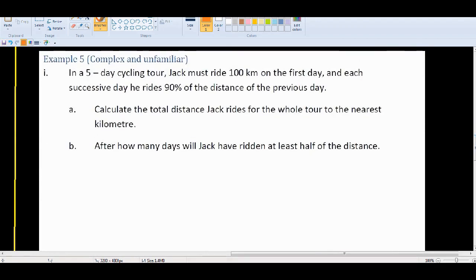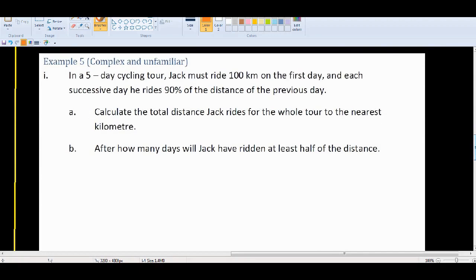Okay, so here's our last question, which is complex and familiar. In a 5-day cycling tour, Jack must ride 100 kilometers on the first day, and each successive day he rides 90% of the distance of the previous day.